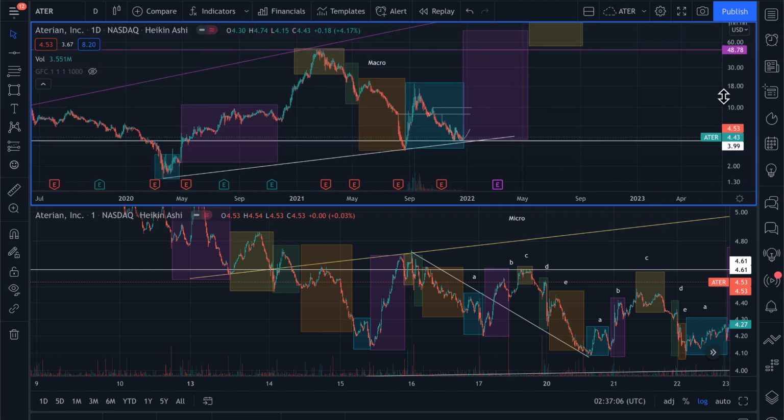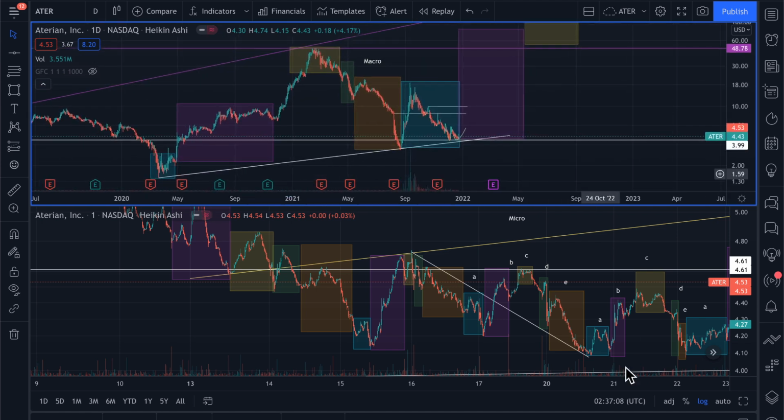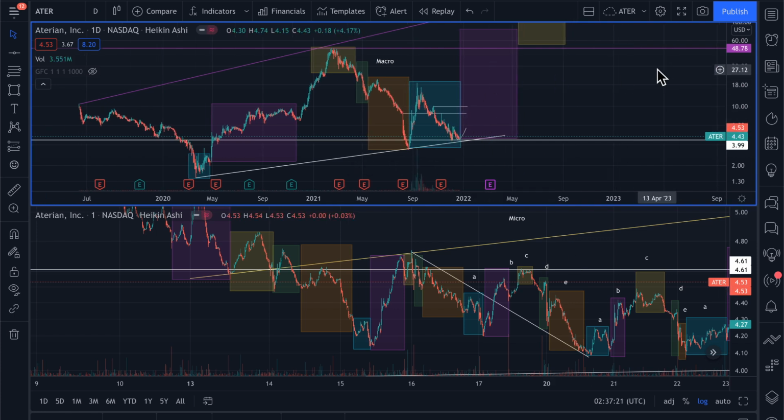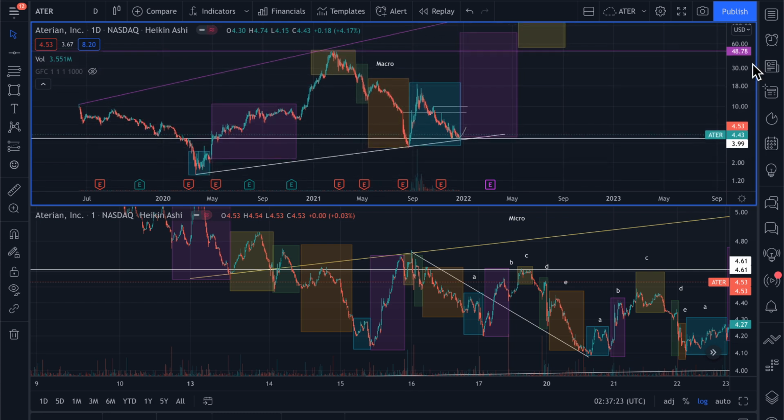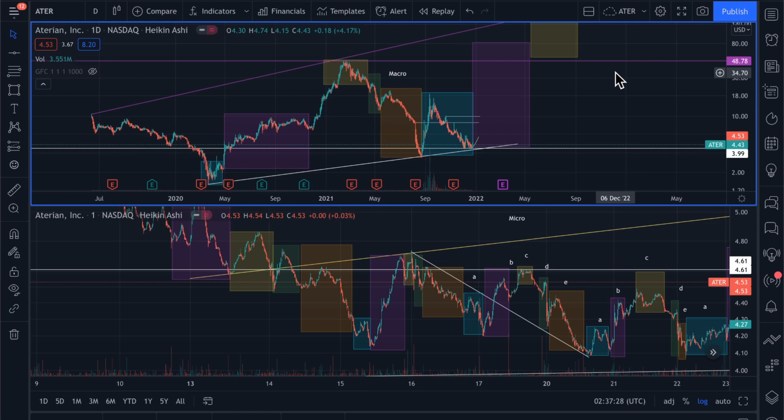But my main point here is that I think we are coming to a place where we are on that bottom distribution range. We're in this region, no matter how you chart it. And so what we're really looking at is a move back to the upside, which is what makes the most sense according to Wyckoff and everything else anyways.